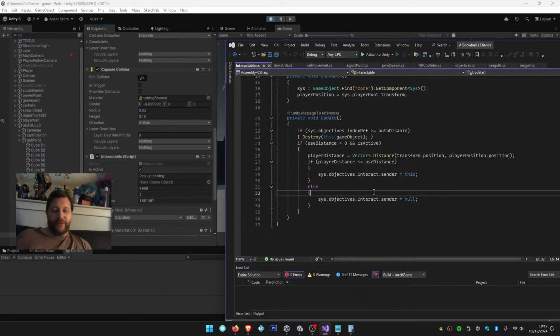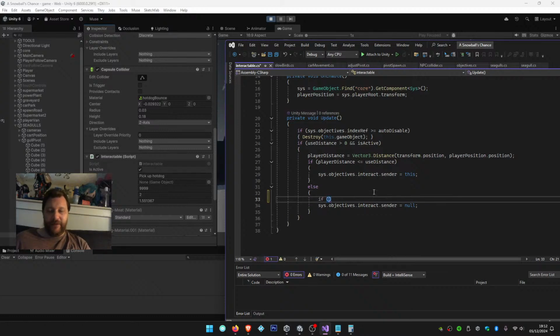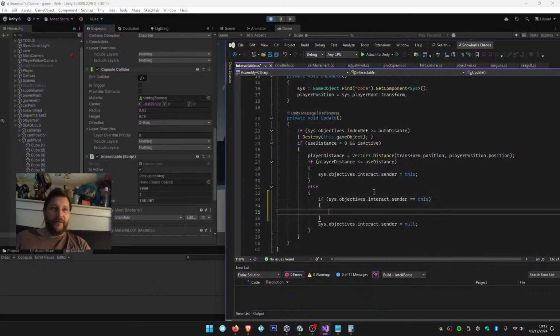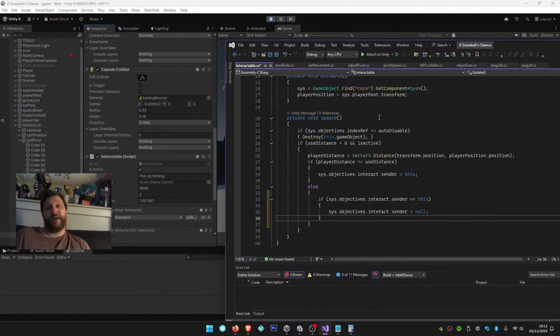Okay, I got a better way of doing it. What I need to do is say if system objectives interact sender is this, then nullify it. Otherwise, we're nullifying other hot dogs' registrations, which we don't want to do. That's what's happening. The other hot dogs are cancelling it out. So only set this to no hot dog if you are the hot dog that is currently registered in the interact system and the distance becomes too great.